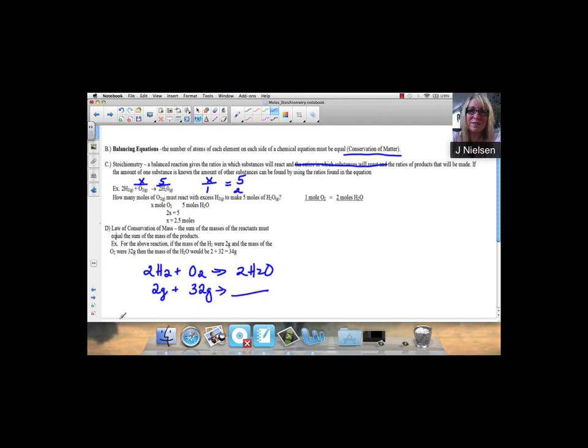Remember that this arrow is like an equal sign. So 2 and 32 equals 34, so then this must equal 34. Whatever's on the left of the arrow must equal what's on the right.